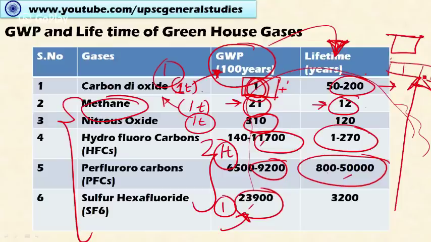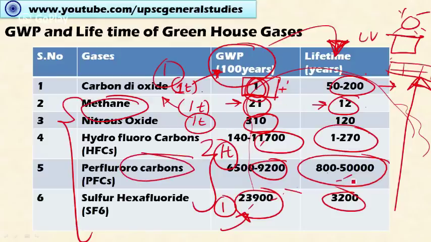In the stratosphere, ultraviolet radiation from the sun breaks down these fluorinated gases, ending their life. Till then they stay in the atmosphere in a stable manner. Sulfur hexafluoride has a lifetime of 3,200 years. So the sulfur hexafluoride has the highest global warming potential, and perfluorocarbons have the highest lifetime, 50,000 years.